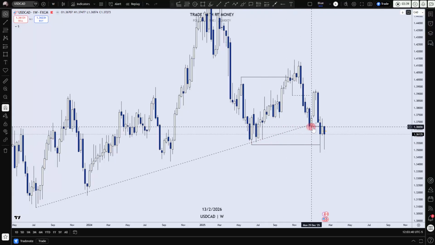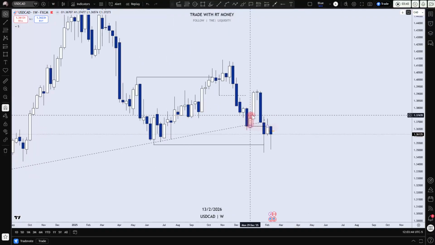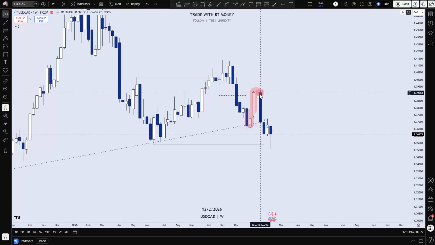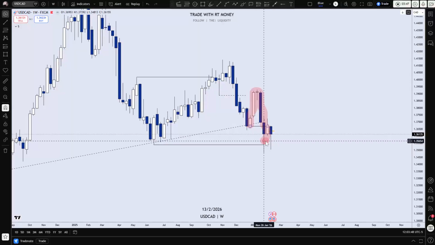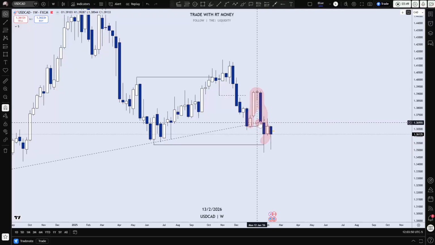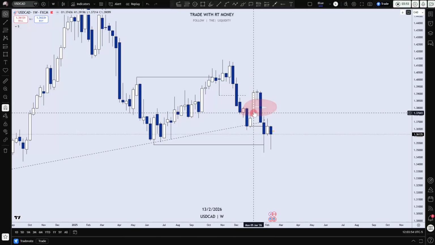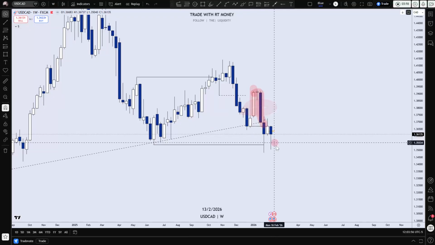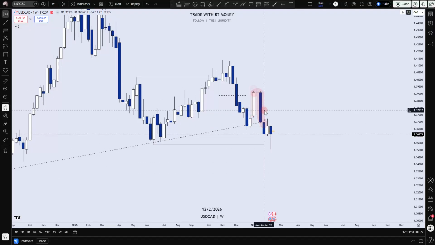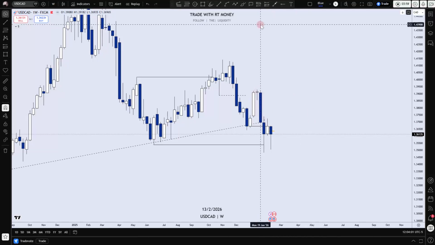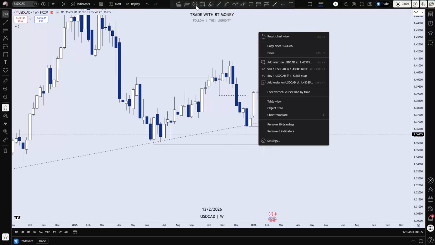Once price broke below this low, you can see there was a buy up and then a stronger sell off. Price created this balanced price range here where we gap up and then gap back through that gap. This has more bearish indications than bullish.